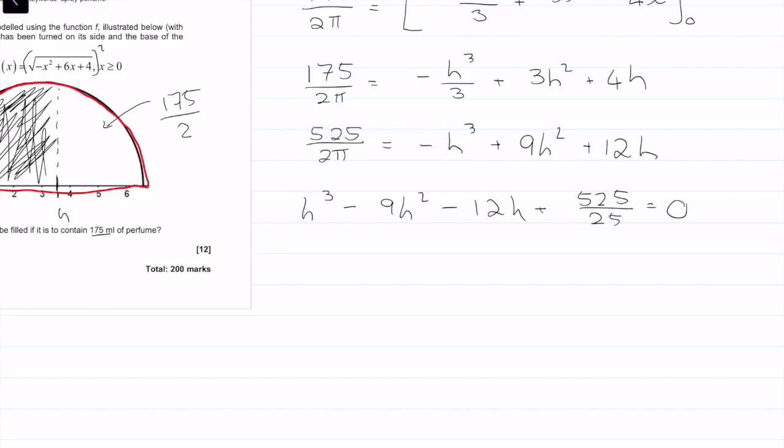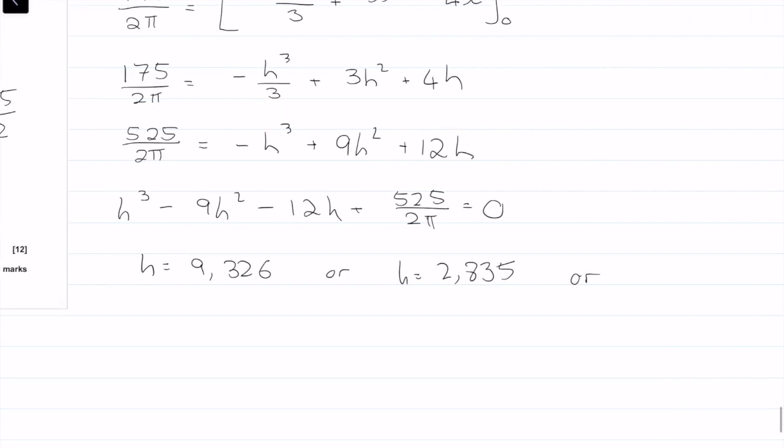Then we put in 1, minus 9, minus 12, and 525 divided by 2 pi. If we plug that in, we get h is equal to 9.326, or h is equal to 2.835, or h is equal to minus 3.16.